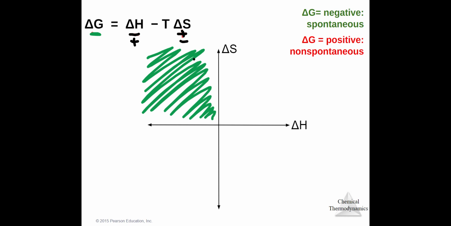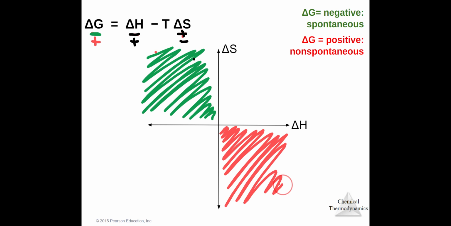So positive plus positive is going to give me a positive delta G. So it's going to be endothermic with a decrease in entropy, and the reaction is going to be non-spontaneous.